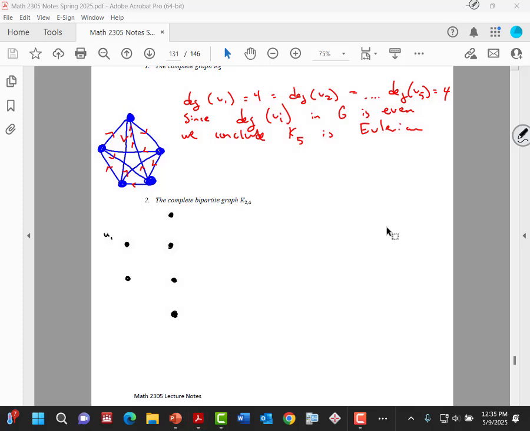I might call this U1, U2, V1, V2, V3, V4. And what does the complete bipartite graph look like? This U is connected to everyone in the V set, and same for this one right here.